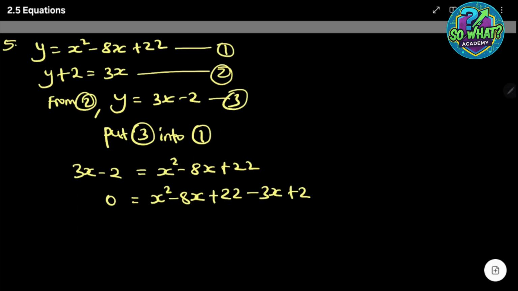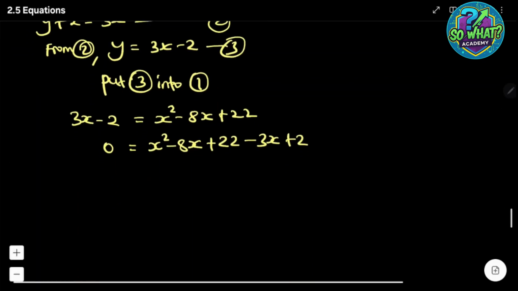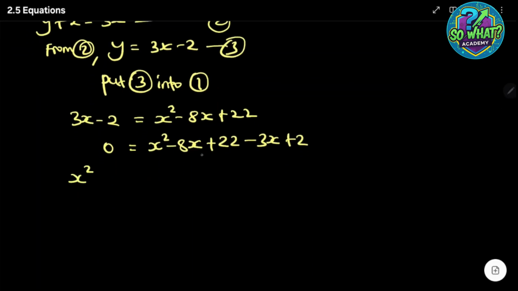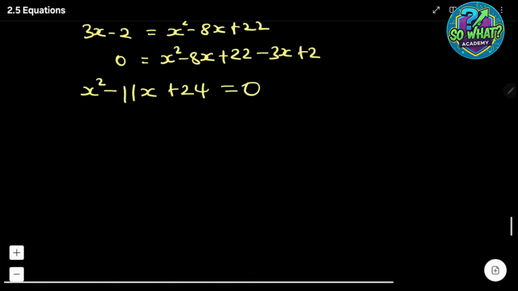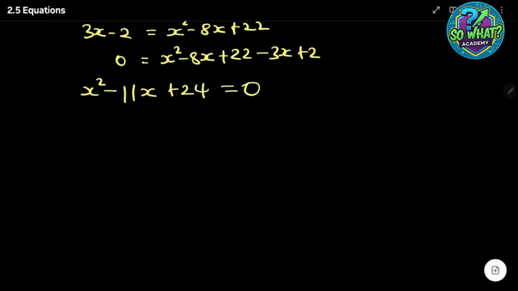So it is x squared minus 8 minus 3, that's minus 11x, plus 22 plus 2, that's plus 24, is equal to 0. And we've done such numbers, isn't it? We have done such numbers already. You can use a quadratic formula.